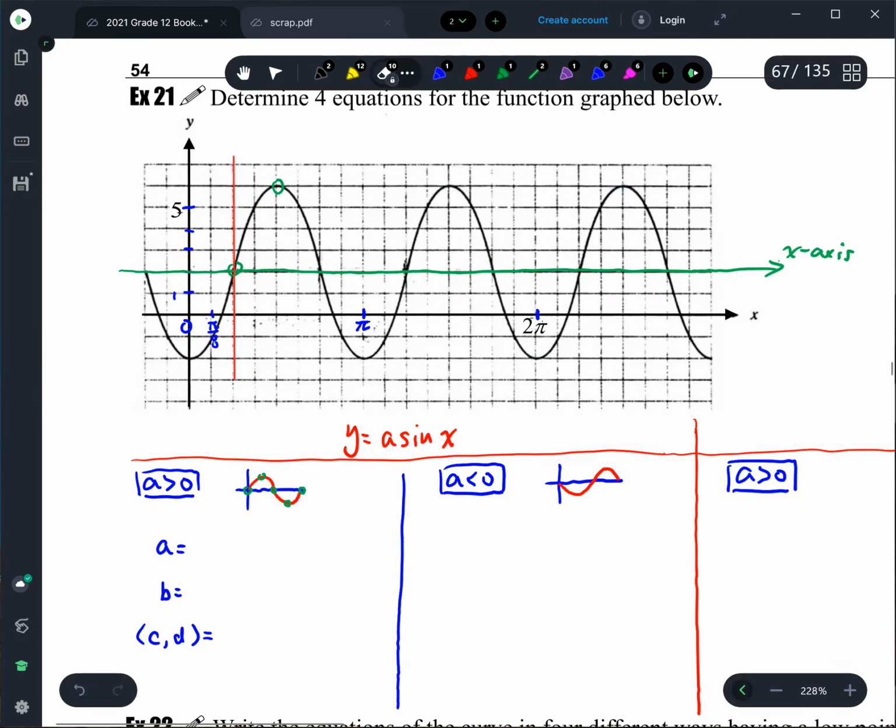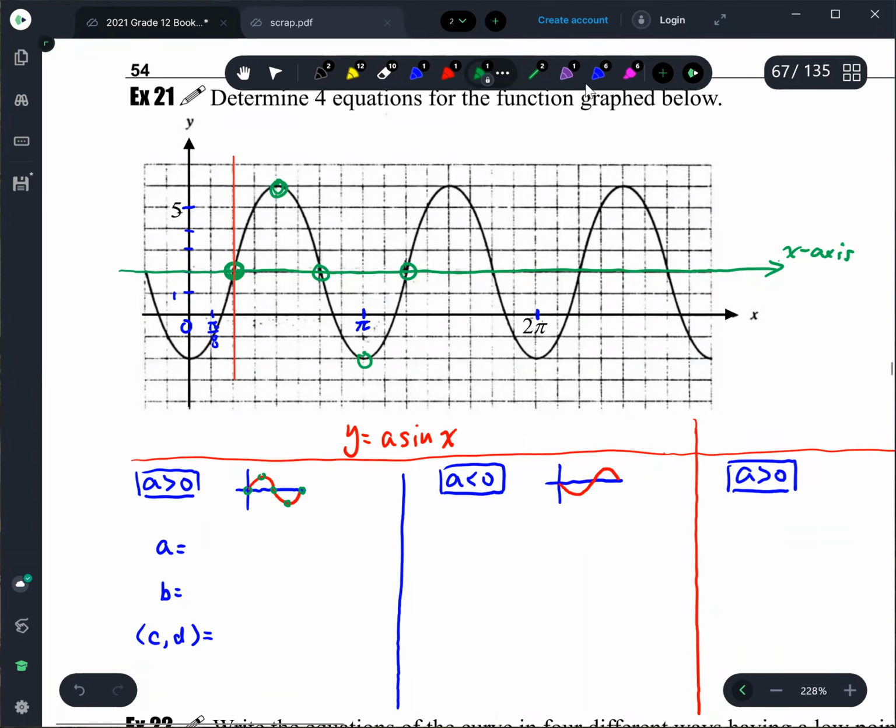Yeah, so that's the correct place. Very good. So you can see my green circles, right? From here, go up, go down, go down, go up. Matches what we want.